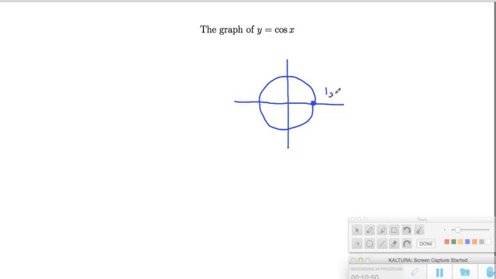Remember, this is (1, 0). This is (0, 1). This has an x value of -1, a y value of 0. And here we've got an x of 0 and a y of -1. But the difference here, remember, is that this time we're actually looking for the cosine, not the sine.